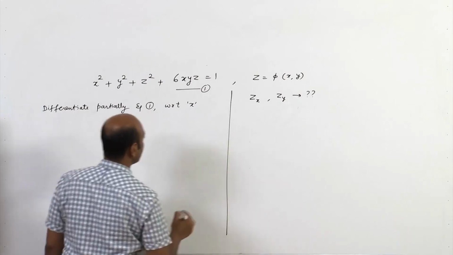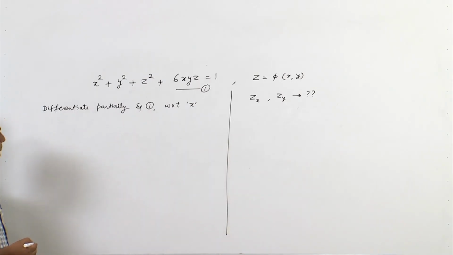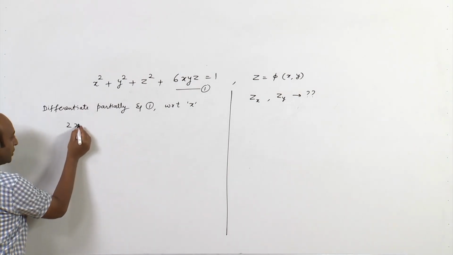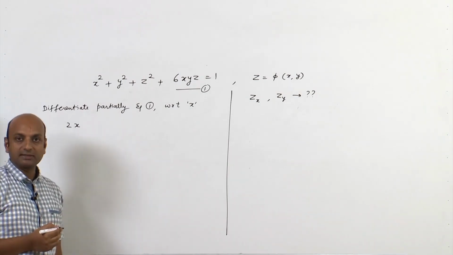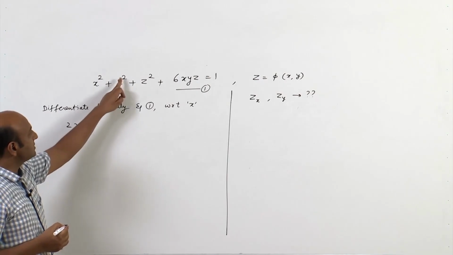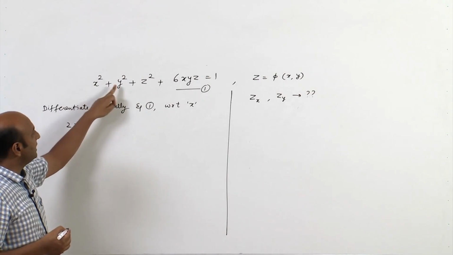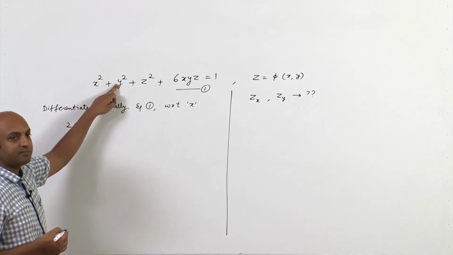Okay. So, what will we obtain? You see, x square gives 2x when you differentiate partially with respect to x. Y square, since x and y are independent, the partial derivative of y with respect to x will be 0.